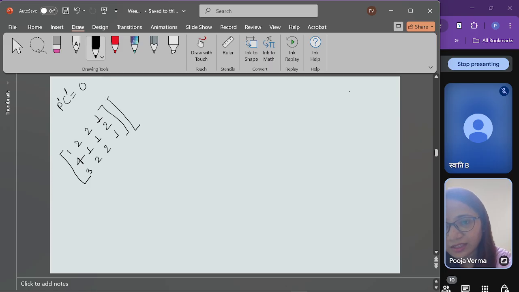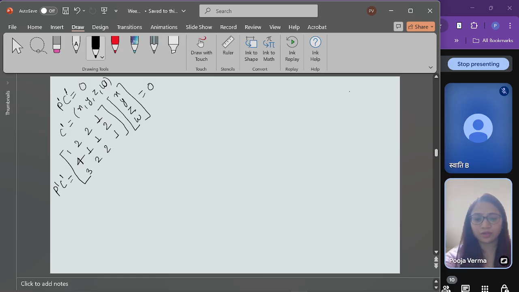C dash, we already know that C dash is equal to X, Y, Z, W. This is the camera center for the right camera. W equal to 0. There we can add P dash C dash is equal to 0, right?